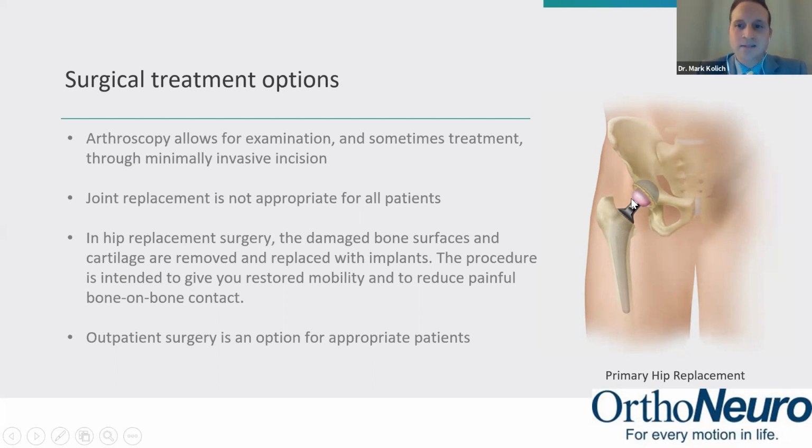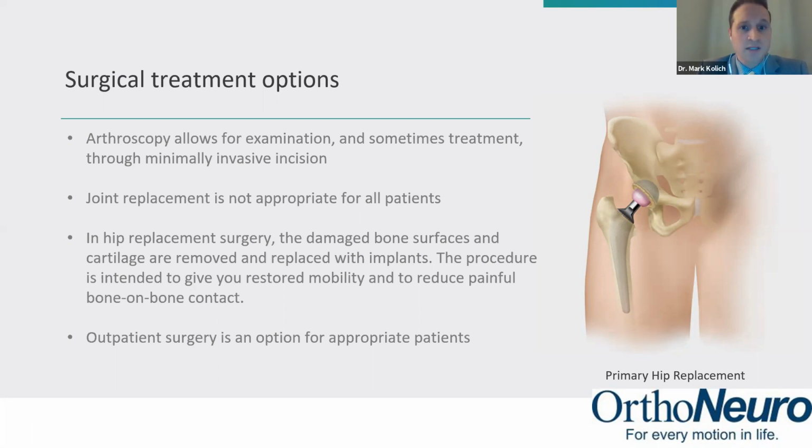This is generally not as commonly performed as total hip arthroplasty. So a very limited amount of patients are candidates for arthroscopy, and generally they are younger patients that have an acute injury to the cartilage or the shock absorber around the hip joint.